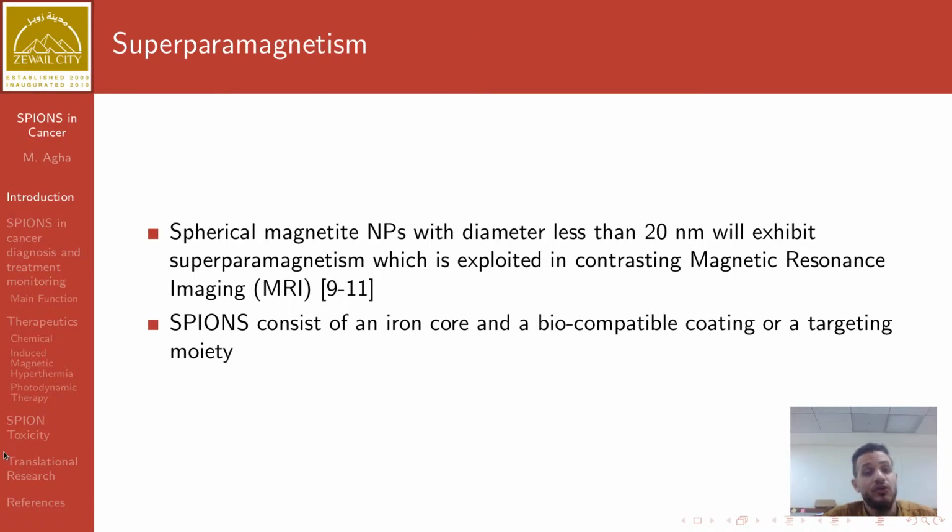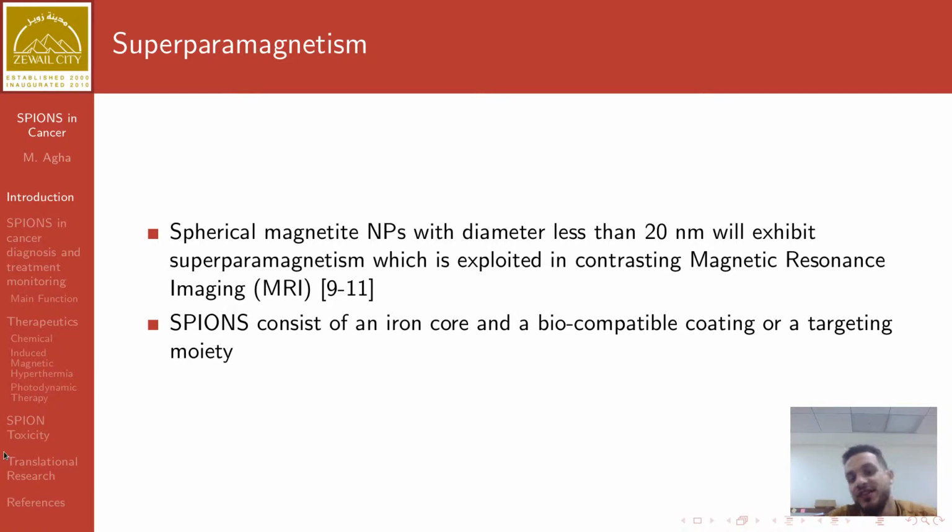So, in order to make SPIONs, we need an iron core, which is the magnetic part, and a biocompatible coating, that is the face that is going to be seen. Like, we have a skeleton, the skeleton holds the body together, it holds it in shape, and then we have the skin.